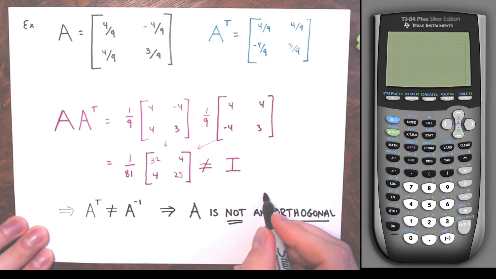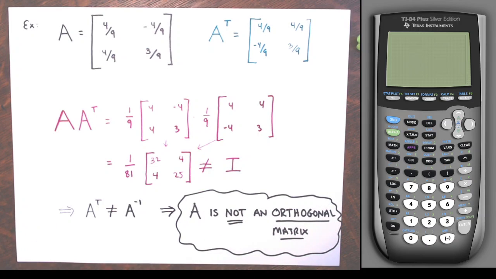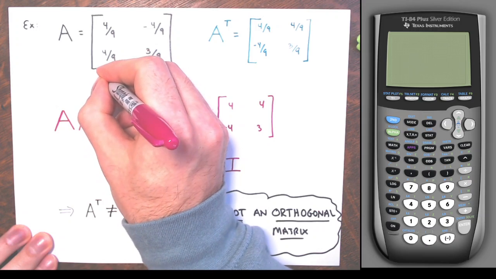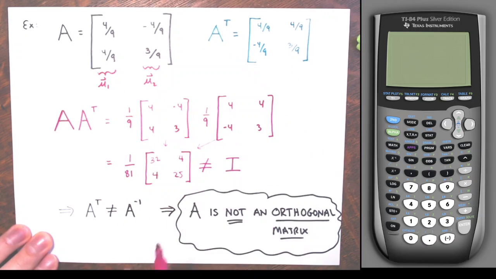Again, very easy to verify. Just multiply a matrix by its transpose and see if you get the identity back. All right, now another way I could have told you that this was not an orthogonal matrix. Look at the column vectors. Say I call this vector u1 and this vector u2. What's the dot product of u1 and u2?